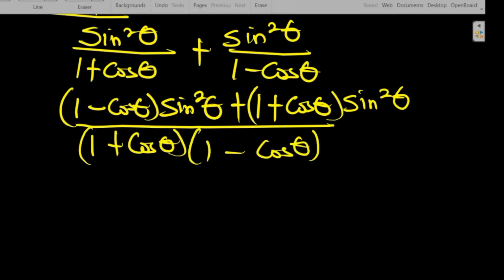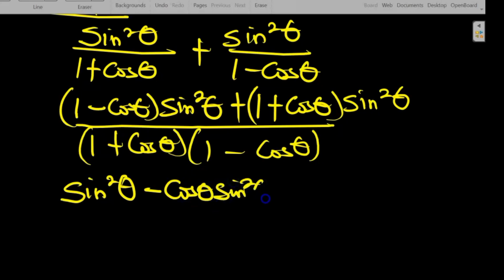The next thing we are going to do is to open the bracket in our numerator. 1 times sin squared theta is sin squared theta, minus cos theta times sin squared theta is cos theta sin squared theta, plus this other one times sin squared theta.